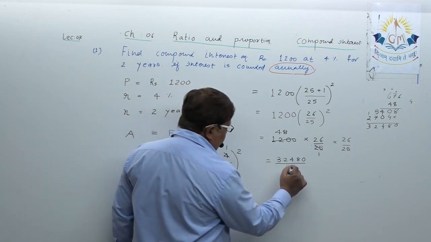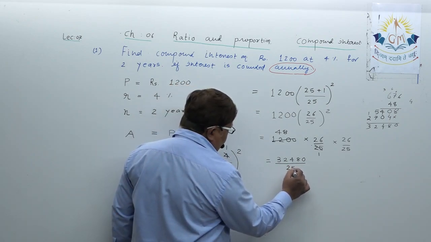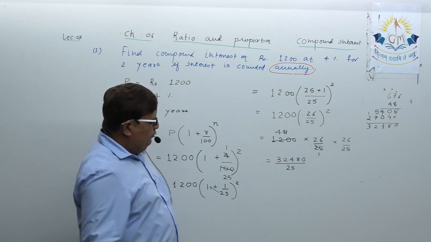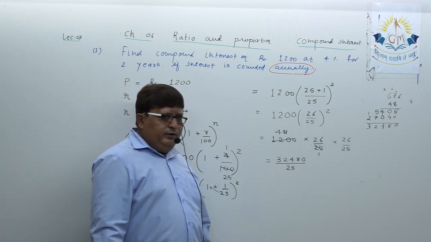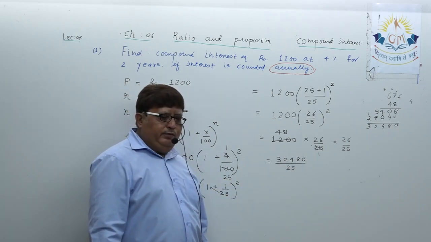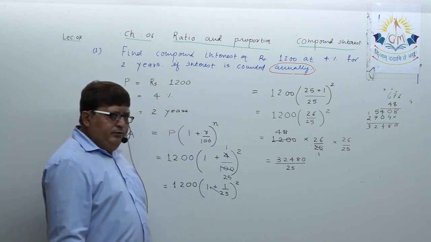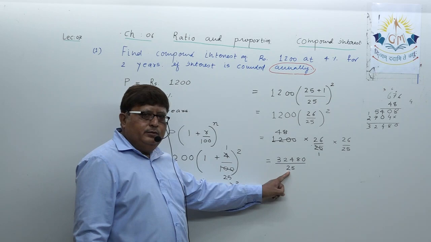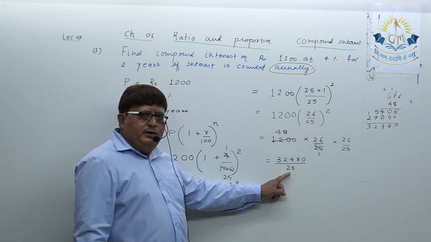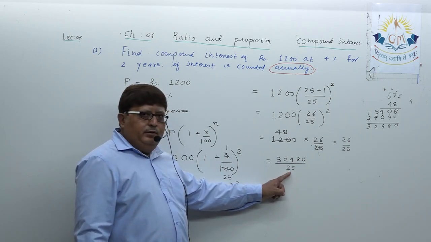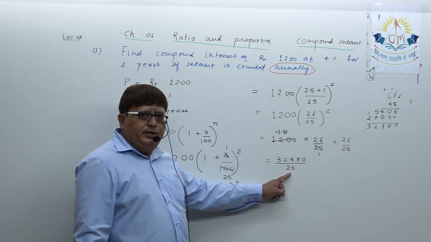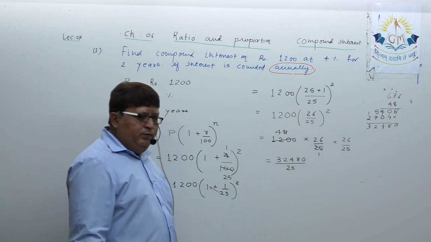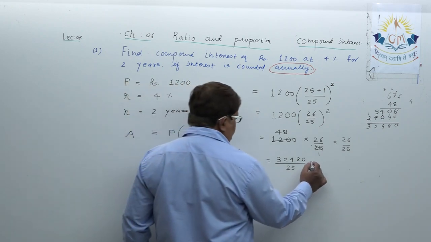upon 25. Okay, dear student, now you just have to simply divide it. But as you all know, dear student, rather than dividing by 25, try to bring 100 in the denominator by multiplying by 4. It becomes easy for you.